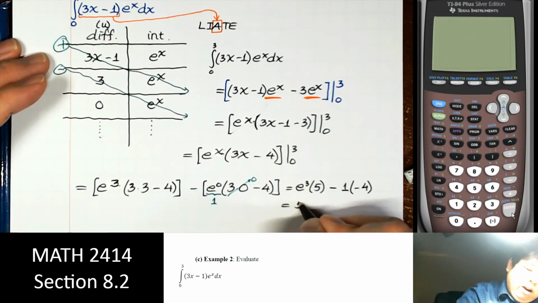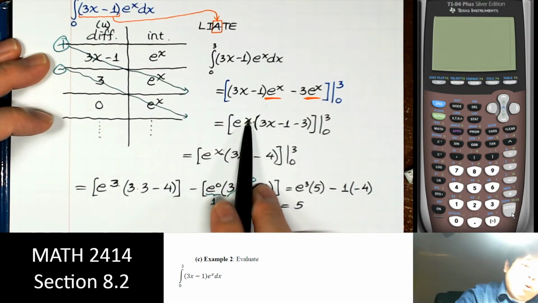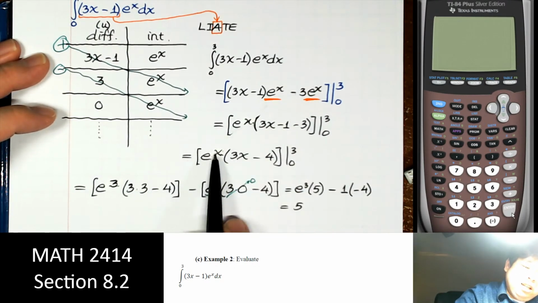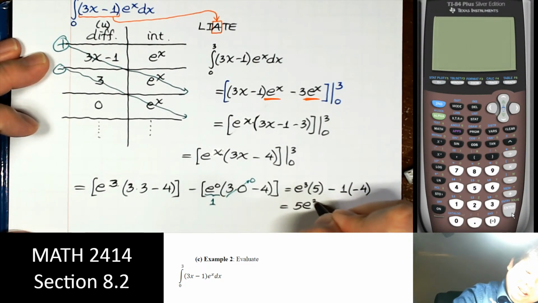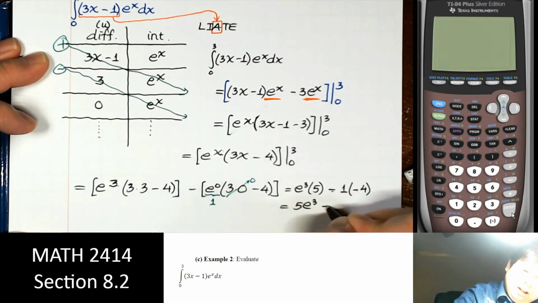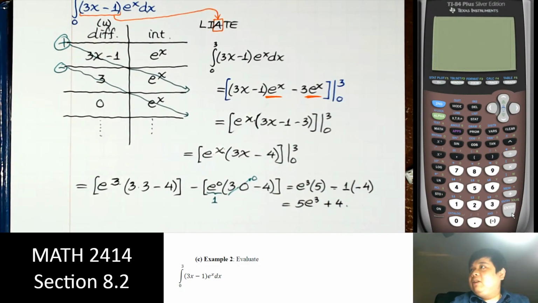So that will give us 5e cubed. Yeah, sorry, that came out of nowhere. It's just e to the x, and I just copied it wrong. Minus the negative, so that's a plus 4. Right, so that's what we have.